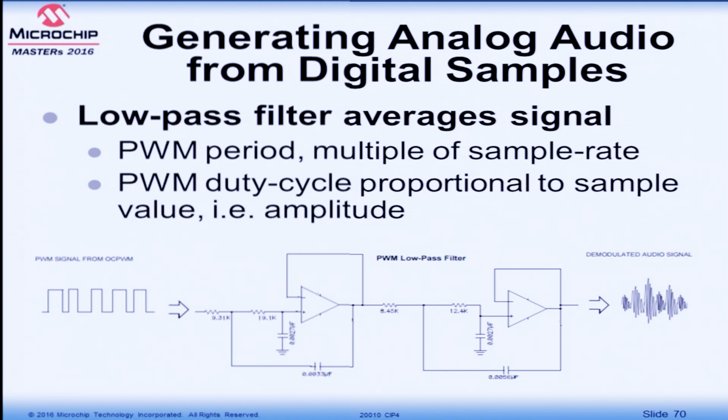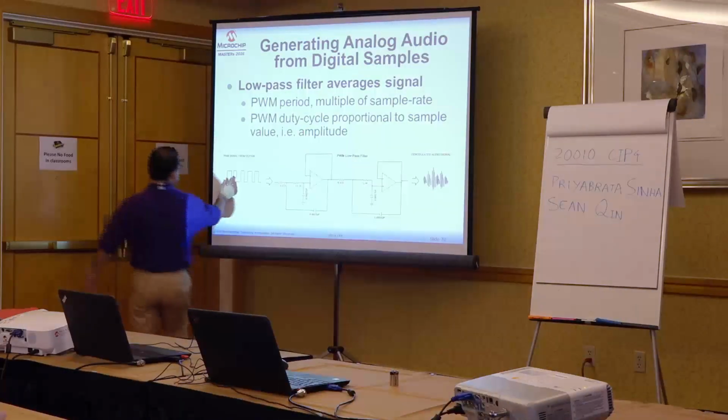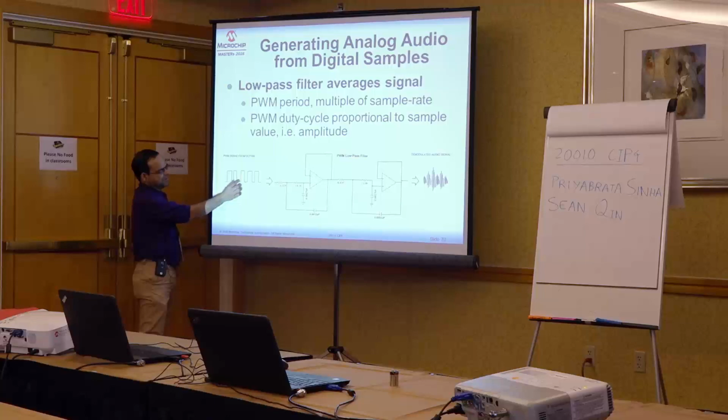So what you need to do is typically have some external analog circuitry, basically a low pass filter using op-amps, to reconstruct the original audio signal, and it would do that by essentially averaging the signal out over each PWM period. If the duty cycle is higher, the signal level would be higher during that period, and the op-amp output would be higher.